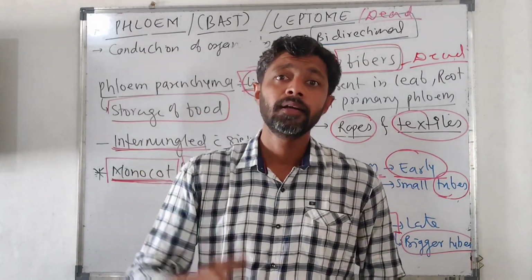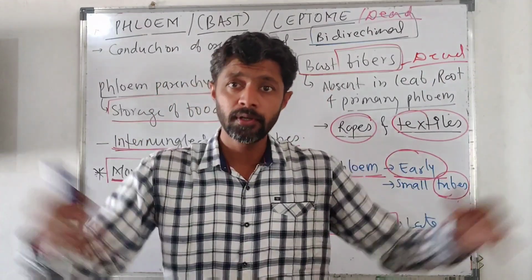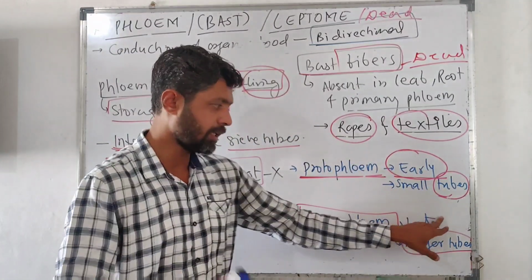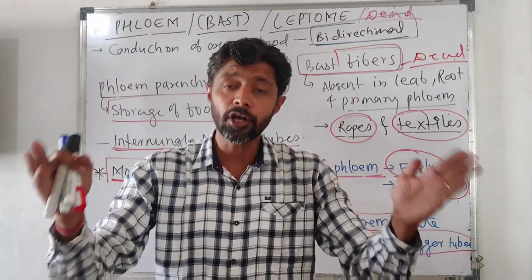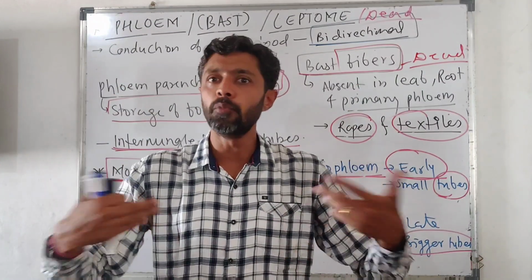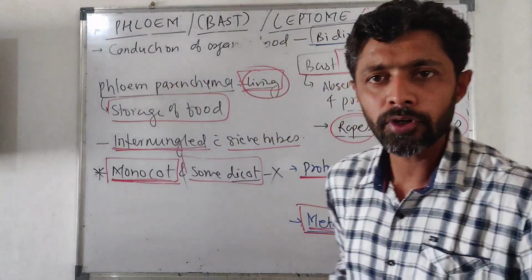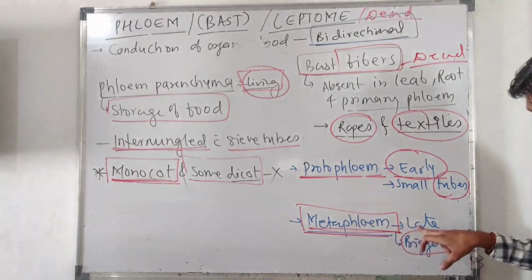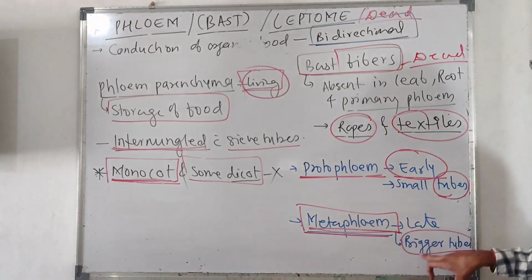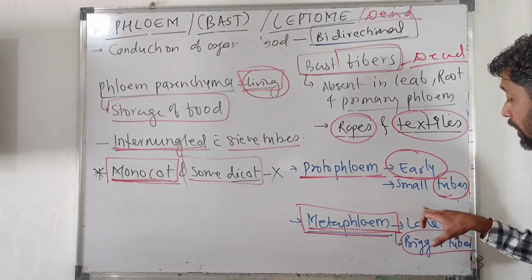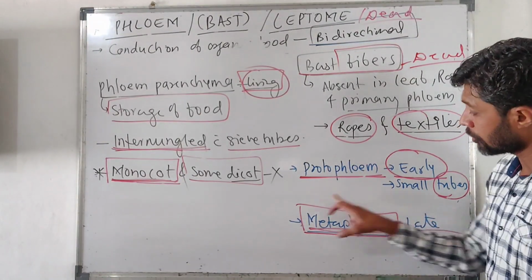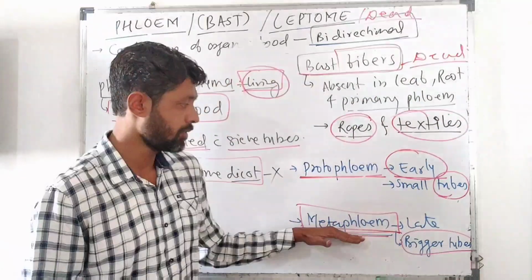But in the late phase of its life, the plant will have grown enormously and will need more food. So the phloem needs bigger size tubes, and these are present in the late form phloem, which we call metaphloem.